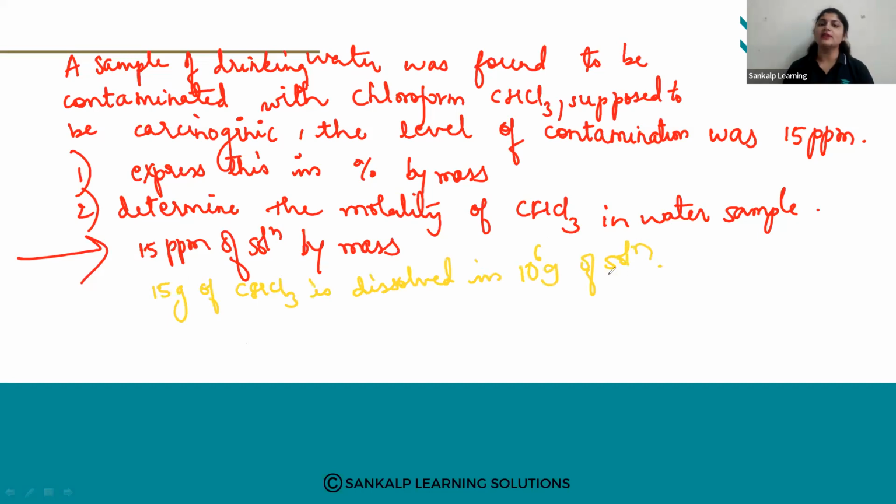You know ppm is calculated like this. So 15 grams of CHCl3 is dissolved in 10 raised to 6 grams of solution.